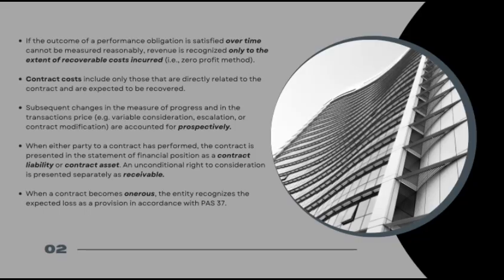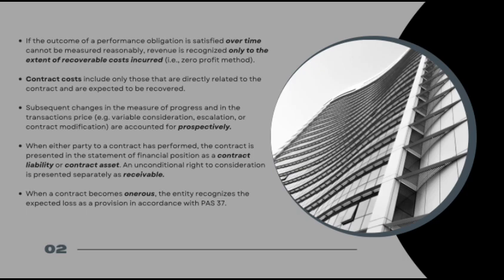Next, under the zero profit method, when the outcome cannot be measured, if the outcome of satisfying a performance obligation over time cannot be reliably measured, revenue is recognized only to the extent of recoverable cost. This means the entity will recognize no profit until it can reliably measure the progress of the project.